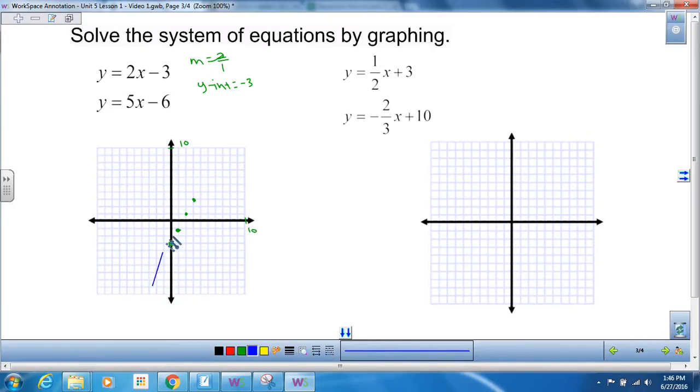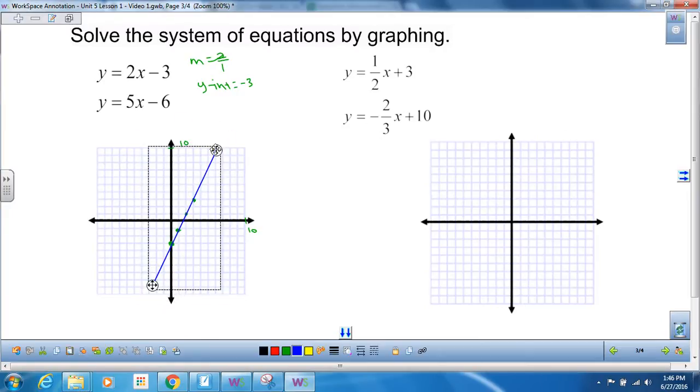You really need to use some sort of straight edge for these because to tell where they intersect, you need your lines to be pretty accurate. Okay, so there's the first one.